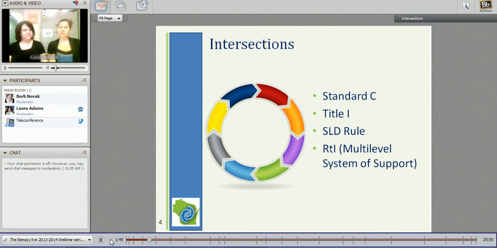We have rules around Title I. We have the SLD rule. And we also always need to take into consideration our systems for a multi-level system of support, the general systems and structures your school and district have in place. Ideally, the process for selection, including the tools you utilize, will be consistent with implementation of any of these priorities that apply in your setting.